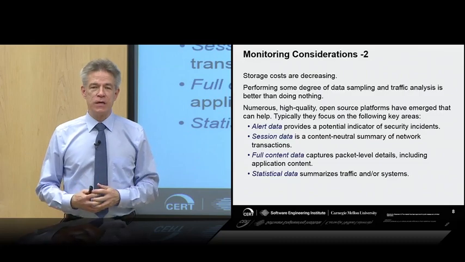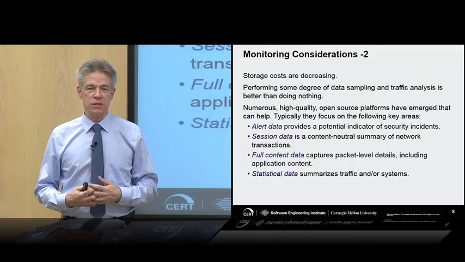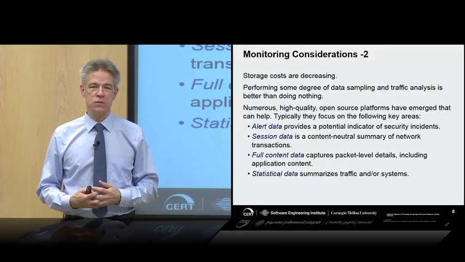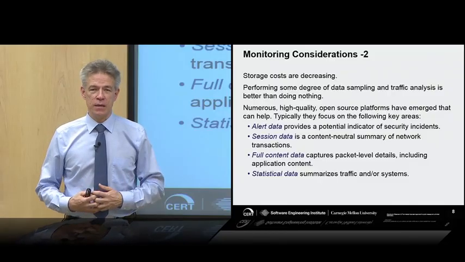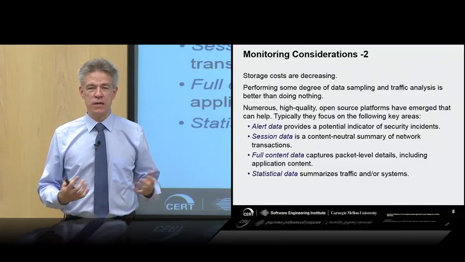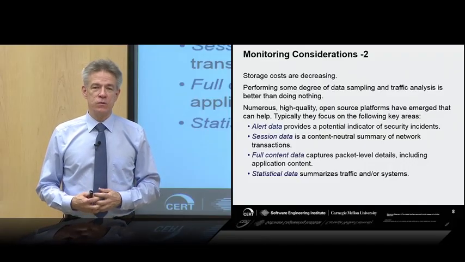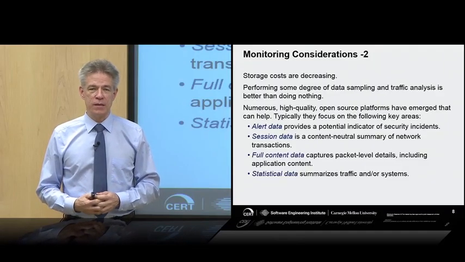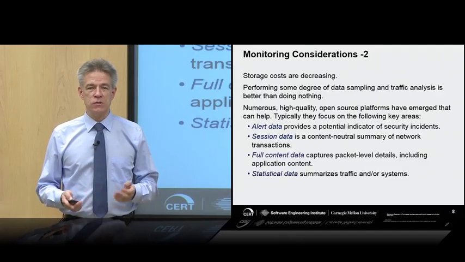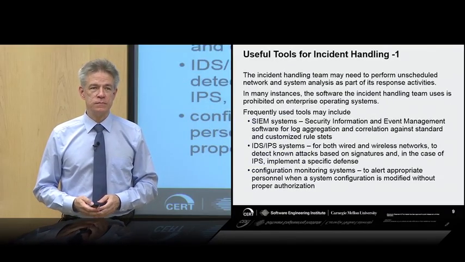So for an email session, you not only see that the email was sent from one system to another, but you can see the content of the email messages too. For web connections, you can see the content of what URL the user may have tried to go to, as well as any of the response that they received from the web server. Other types of tools may just gather and aggregate and create statistical information about the network activity and traffic, and this too can be useful in identifying anomalous activity.